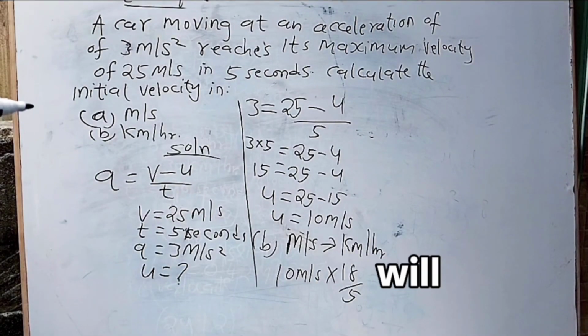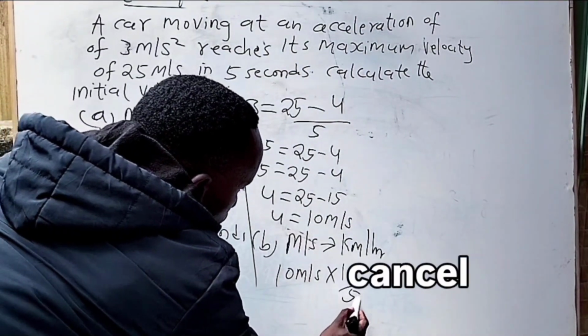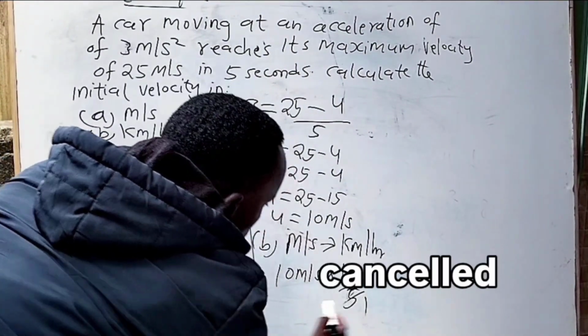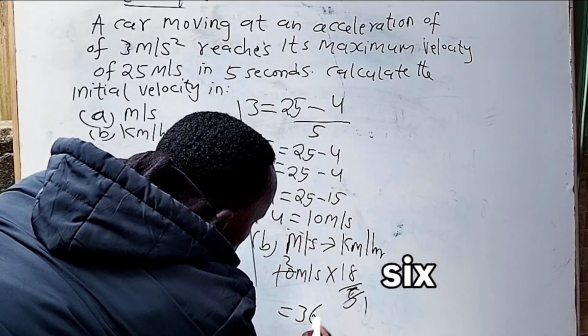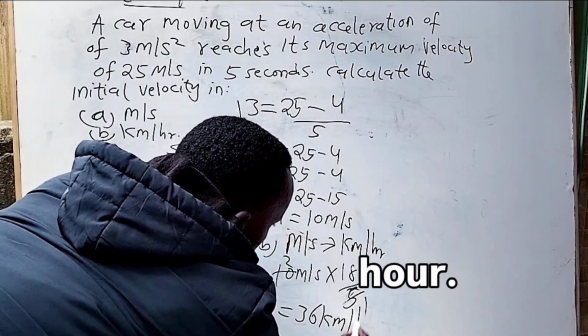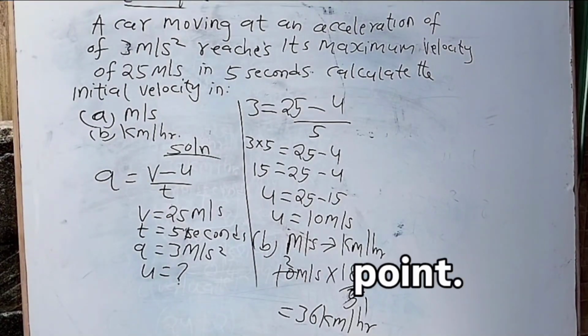The answer you will get is automatically in kilometers per hour. So 5 cancels here 1, 5 cancels here 1, and here 2. So they will give you 36 kilometers per hour. I hope you have understood up to that point.